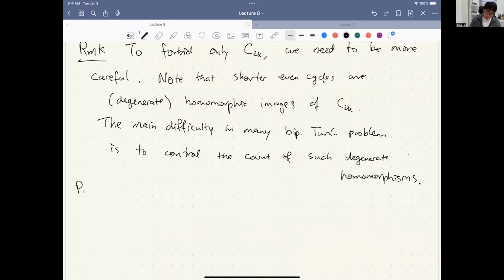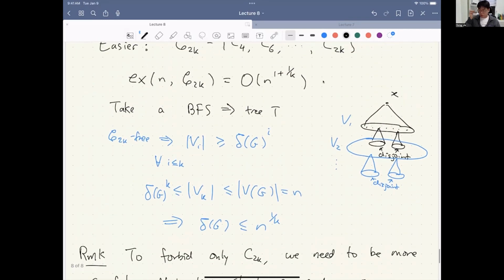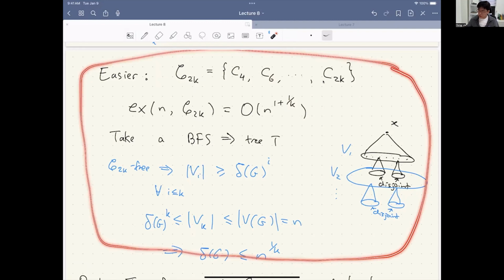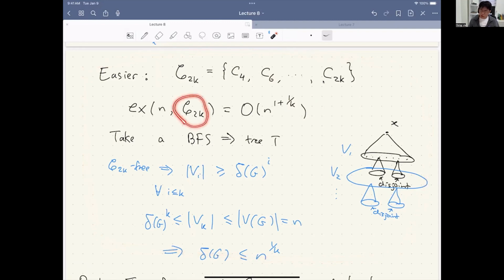So let me convince you how we can turn this idea of BFS into a proof forbidding just the C2K, not the shorter ones.